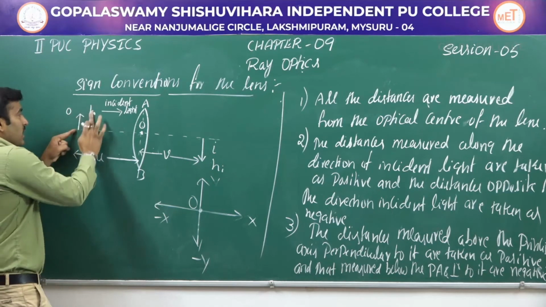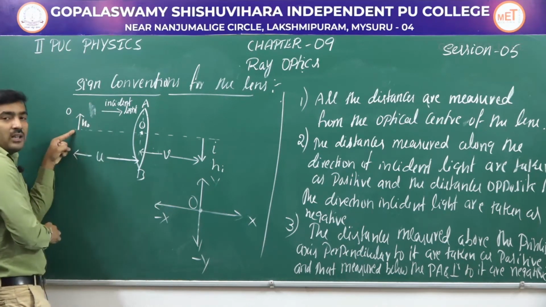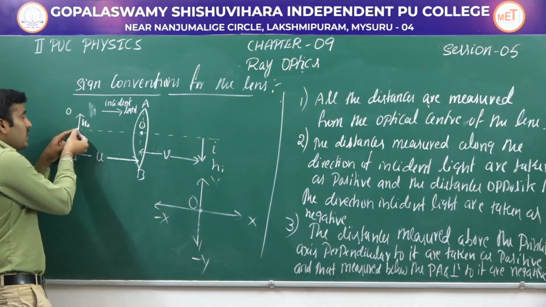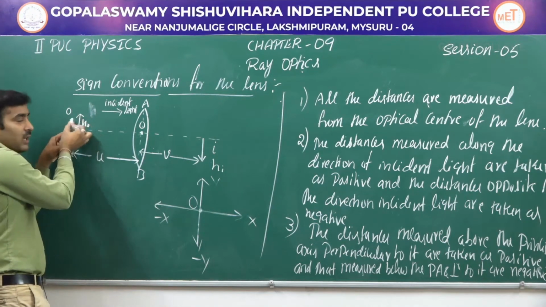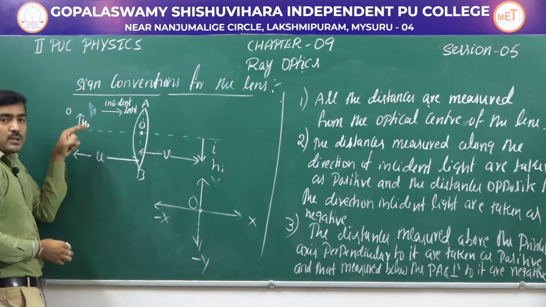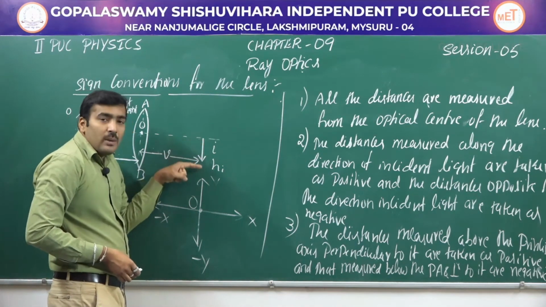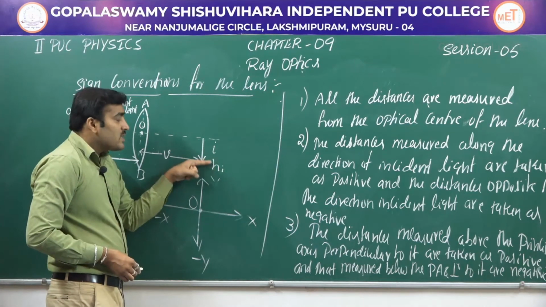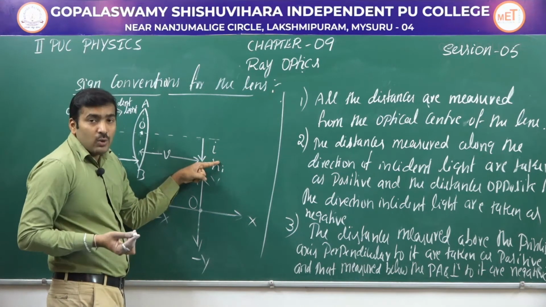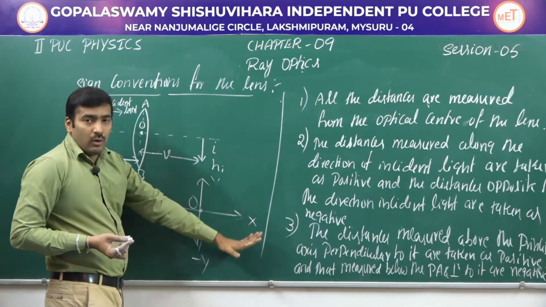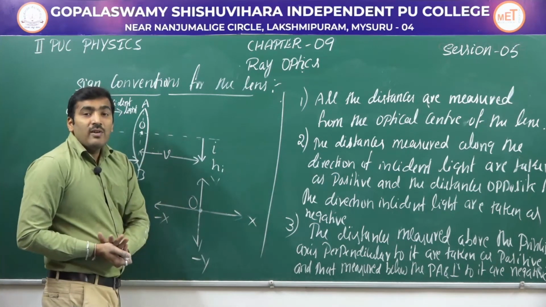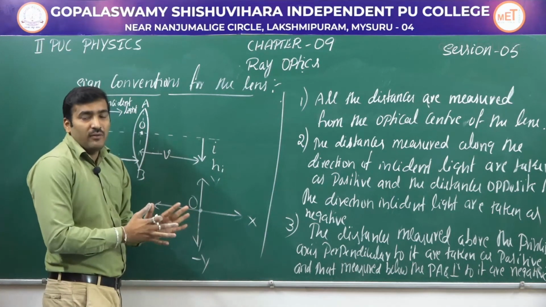So this distance, I said that HO is the height of the object. So this distance is measured above the principal axis and perpendicular to it. So this distance is considered as positive, and this one, the height of the image which is below the principal axis, that is why this height is considered as negative. Okay. So this is the third point. So these are the sign conventions for the lens we have to follow.